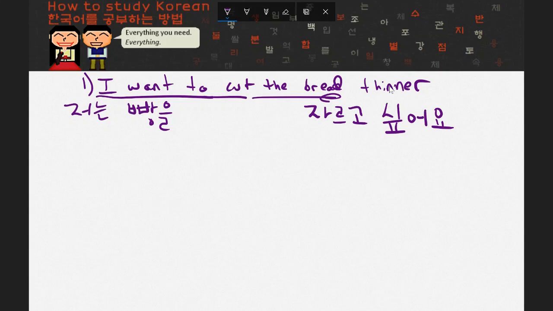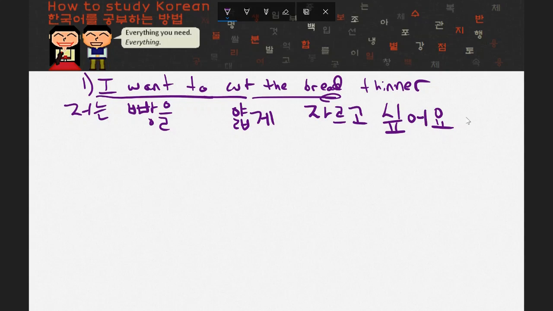If I want to indicate that I want to cut the bread thinly, not thinner, but thinly, I can use the adjective 얇다. Now, that's just the dictionary form of the adjective. However, if I want to turn that into an adverb and indicate that I want to do it thinly, you learned in lesson 8 that I can put 게 after the adjective. Now, this sentence would say that I want to cut the bread thinly.